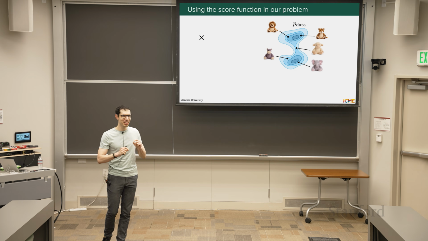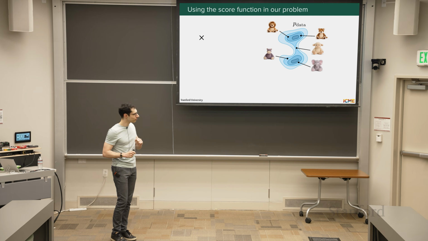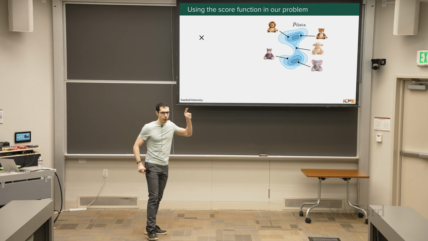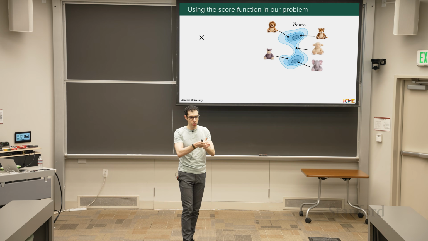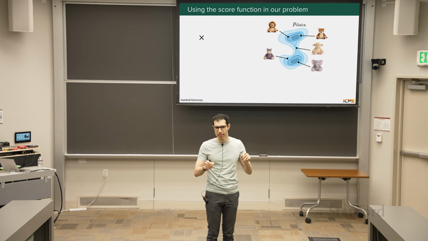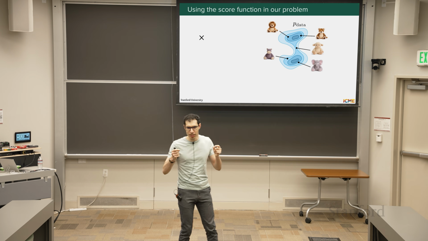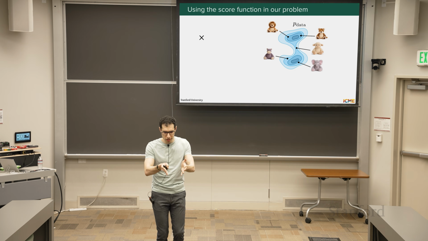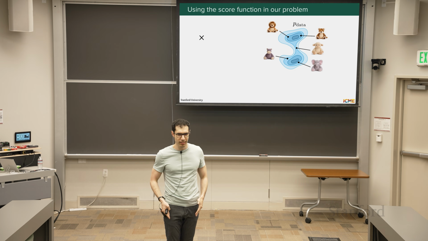So the reason why I'm asking you this question is because there is a catch. Because if you follow the score, it means that you're going towards higher density regions of the space. But the problem is you may always go where the density is highest.